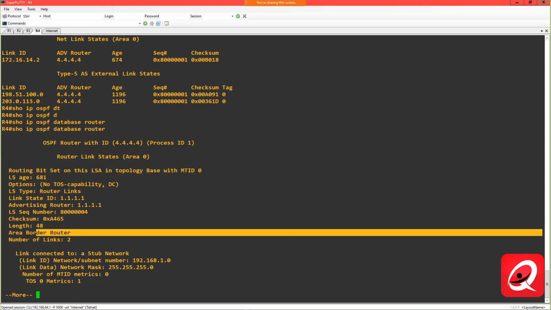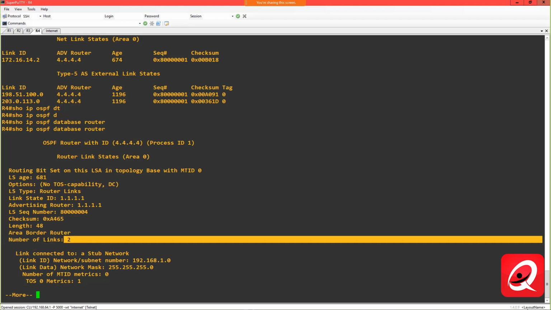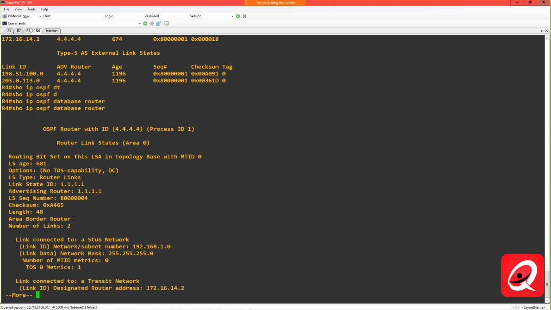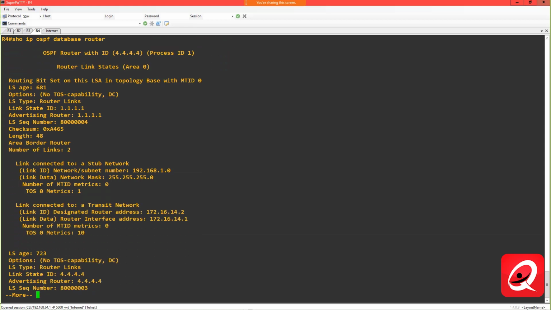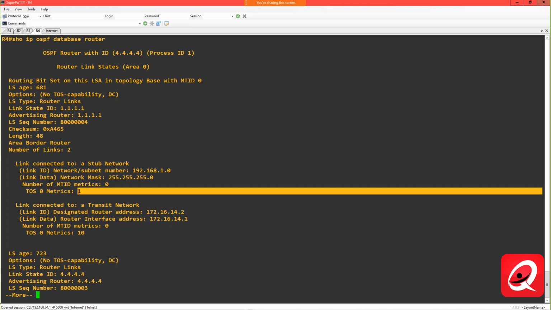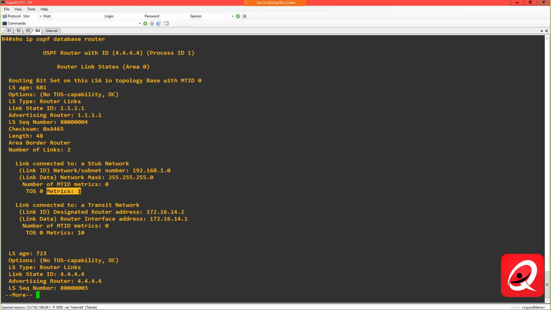This is an area border router. It has 2 links that it's advertising. One is a stub network, which you'd find in this case is the loopback interface on router 1, which is in area 0. It has a metric of 1, which does define the cost of the loopback interface.